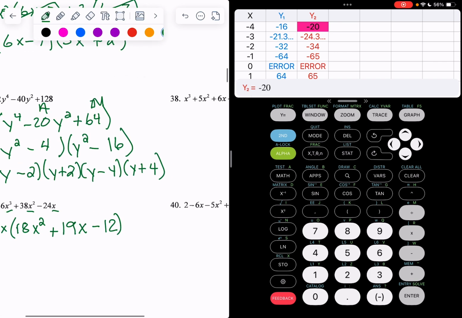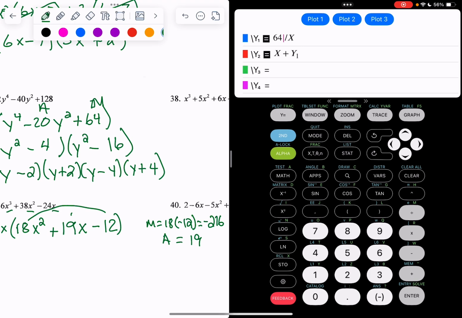Okay, now we have to do a big rainbow. Multiply to be 18 times negative 12, which is negative 216, and add up to be 19. Now, you know, I'm borderline genius, but I don't know what that is, so I'm going to look it up.